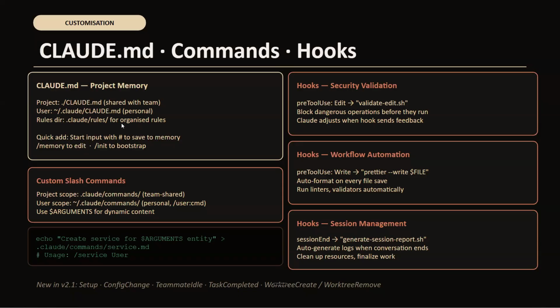So this file you can keep at the project level, for a particular single project, or in your C drive user account, where it acts as your personal preference. Things like always use British spelling, or I prefer verbose explanations. You can also keep your rules in a directory for organizing rules by topic. This is great for a larger team. Okay, a quick way to add a rule.